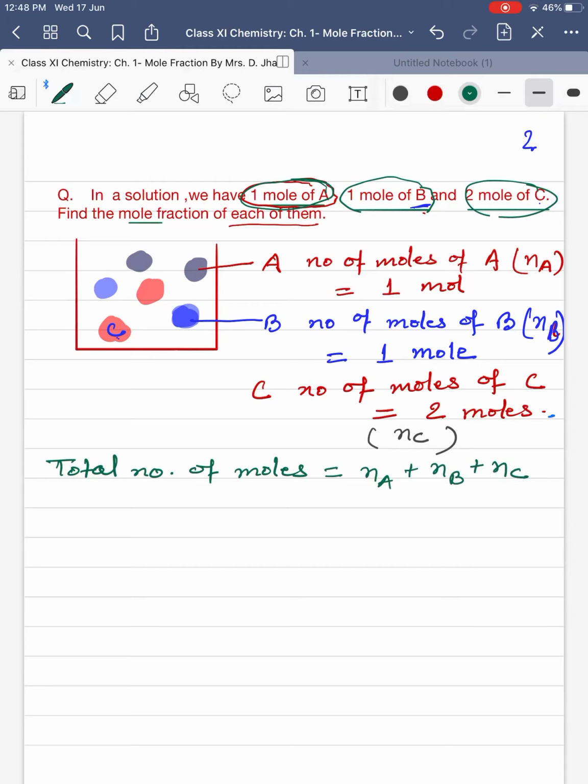These are the number of moles of the individual components, and it is equal to 4 moles, because 1 plus 1 plus 2 is equal to 4 moles. This is the total number of moles.